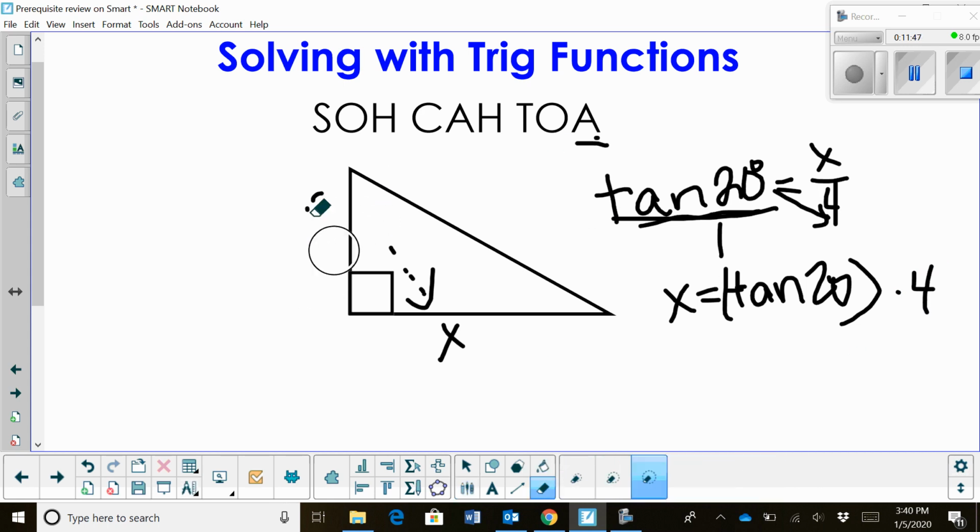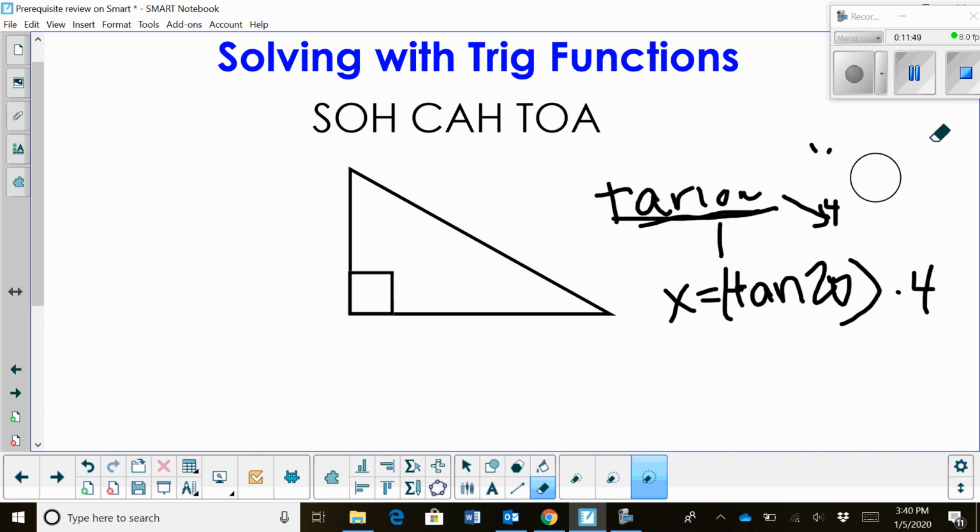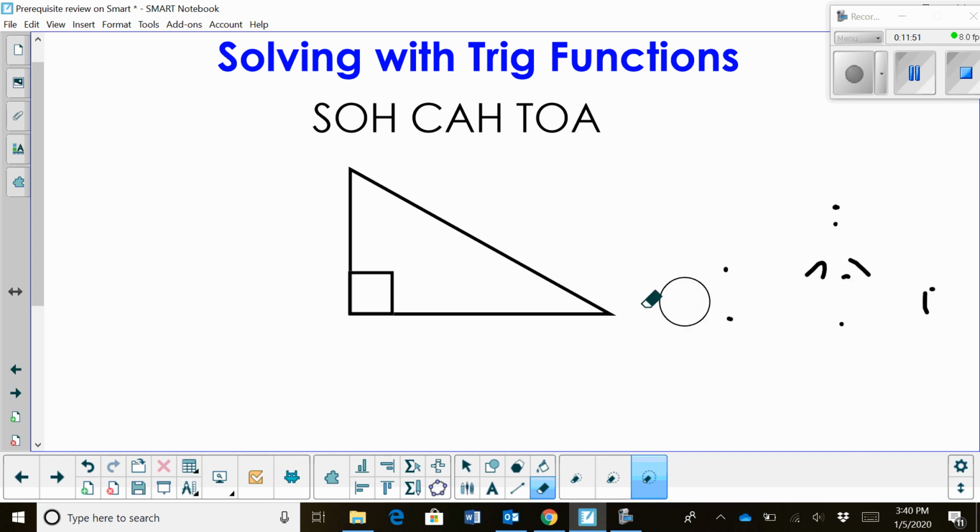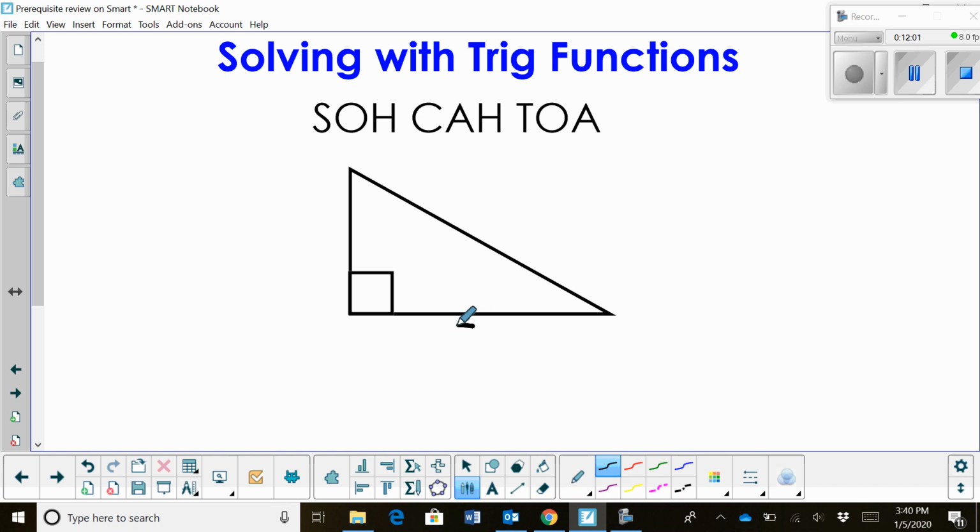Okay, and then the scenario for our last trig function. This one I'm going to do a little bit differently. Let's say that we know the adjacent is 5, and we don't know the hypotenuse. We're going to call it x, and we're given this angle over here as 28 degrees.